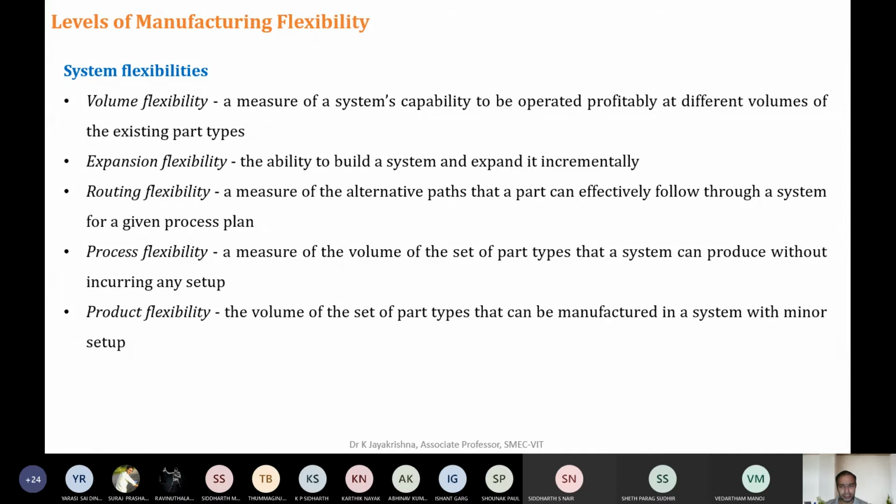Then product flexibility. Say for example, in a Toyota manufacturing plant, there is only one layout. In Toyota's manufacturing company, I saw there was only one layout, but in that one layout, they were able to manufacture all their products, all their variants.